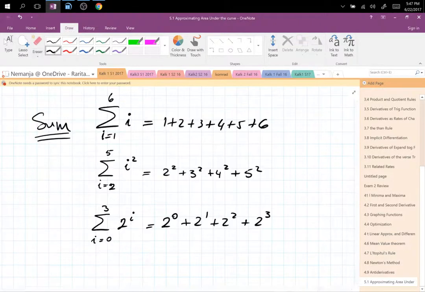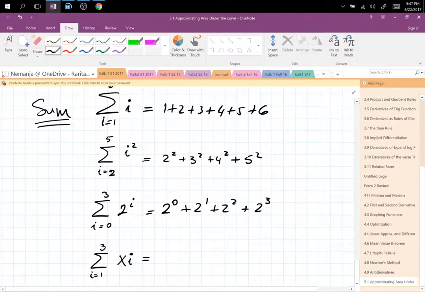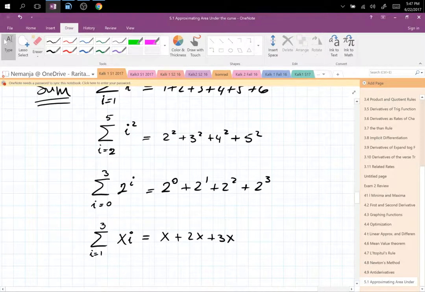Or, in this case, with 2, so you have to be careful where it starts, where it ends. We can introduce x and functions. You can have, let's say, i goes from 1 to 3 of just, let's say, xi. So what's happening here? What should I write? Very good. 1x plus 2x plus 3x. Awesome. Because i will pick up values 1, 2, 3. You have 3 terms.